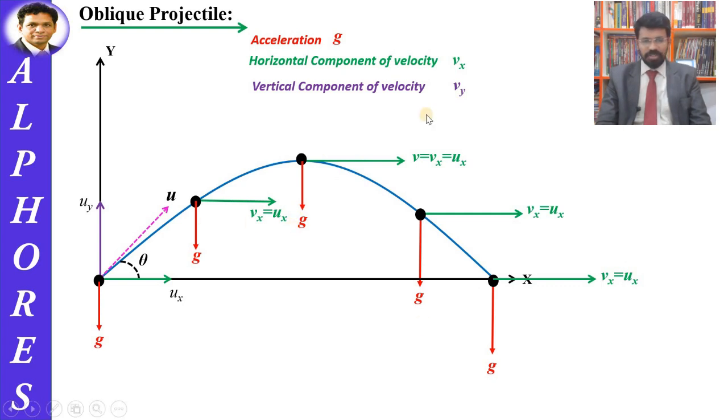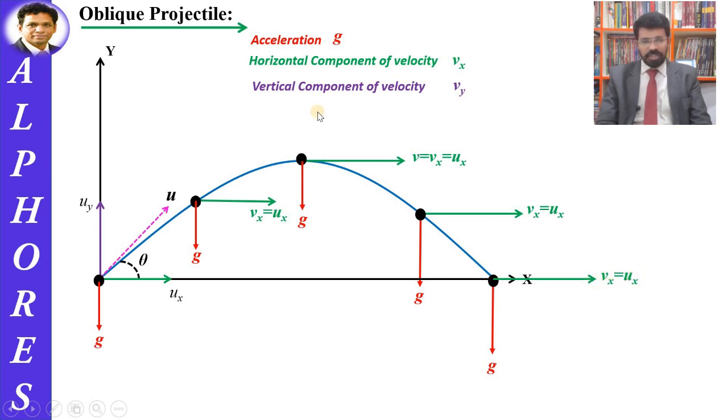Since the horizontal component is perpendicular to acceleration due to gravity, it is not influenced. It is not going to change throughout the journey of this body along the parabolic path. Here it is ux, which is equal to u cos theta, here also it is ux, here also ux, and finally when it strikes the ground at this point, the horizontal component remains ux, equal to u cos theta.